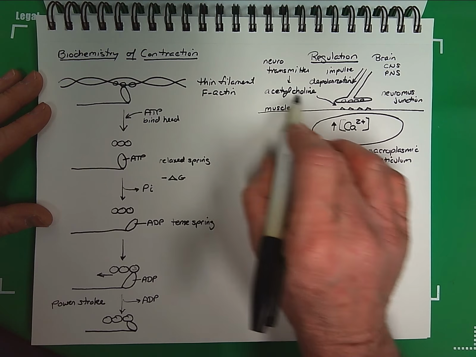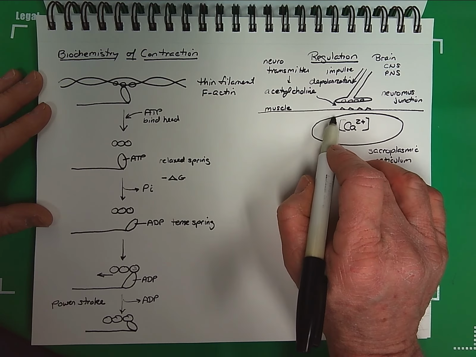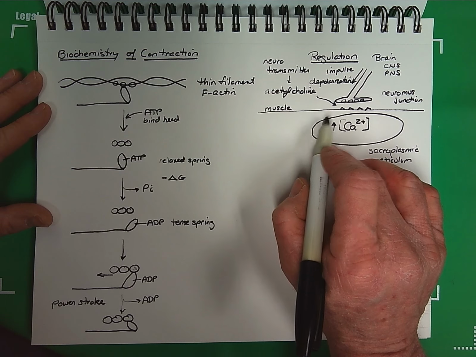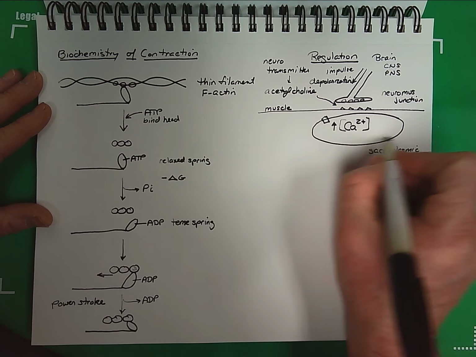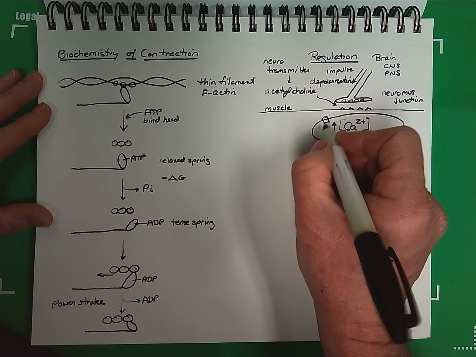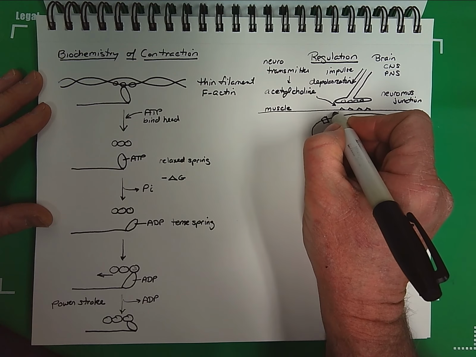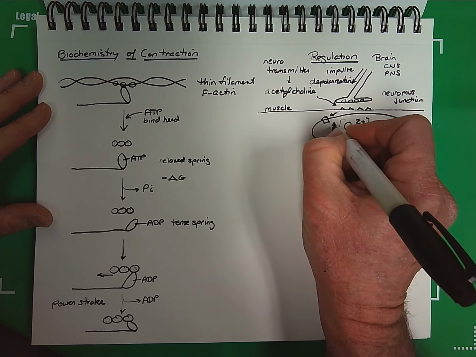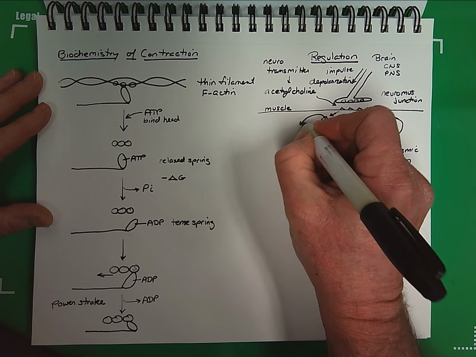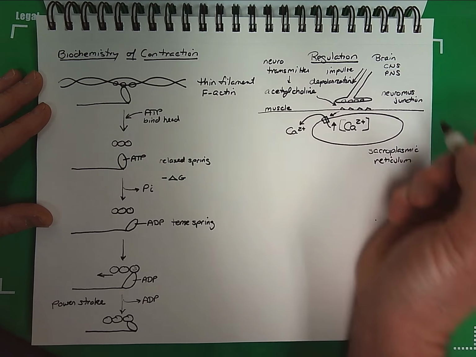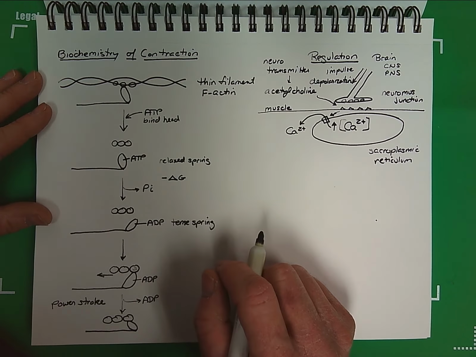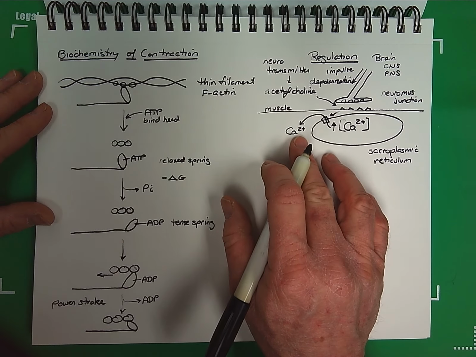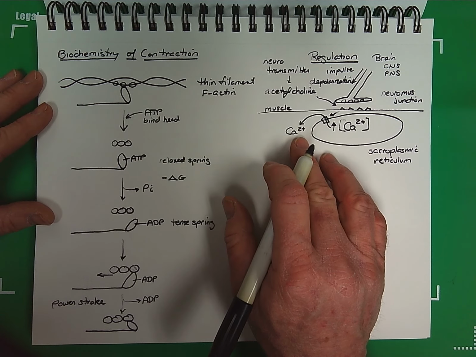Upon stimulation of the muscle with acetylcholine, that causes gated channels that are located in the membrane of the sarcoplasmic reticulum to open. What happens then is calcium releases out of these vesicles and now into the cytosol of the muscle cell. The calcium then is going to be the trigger for inducing muscle contraction.